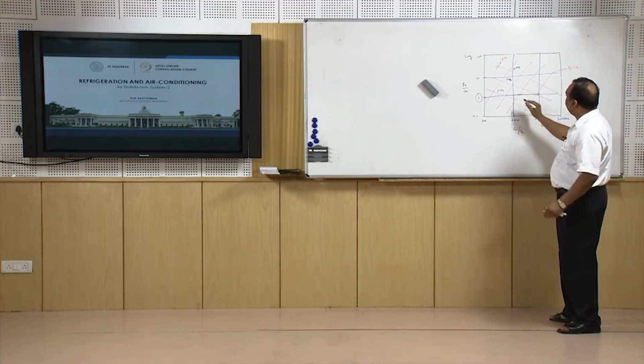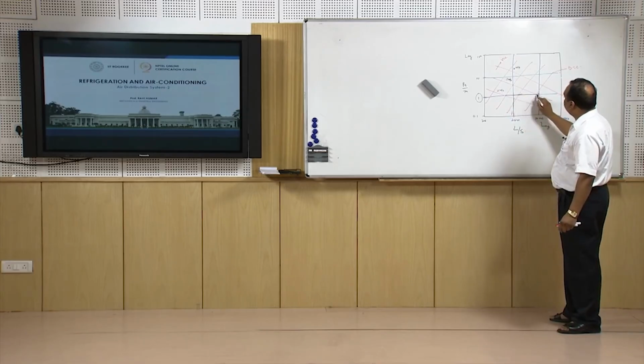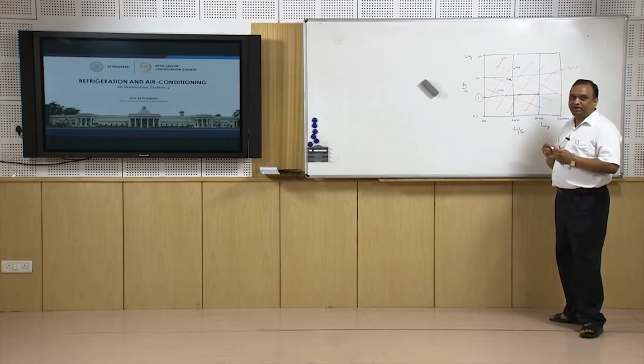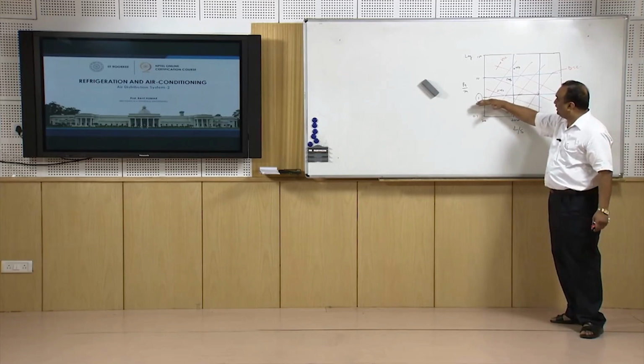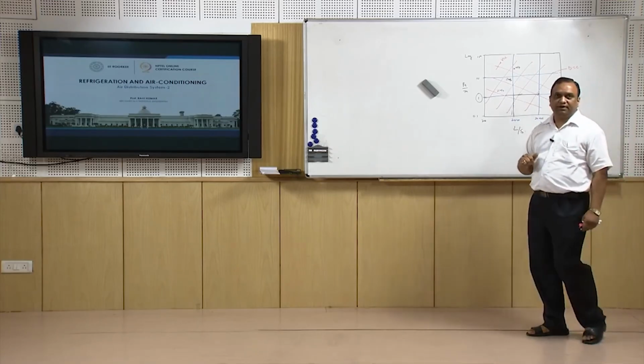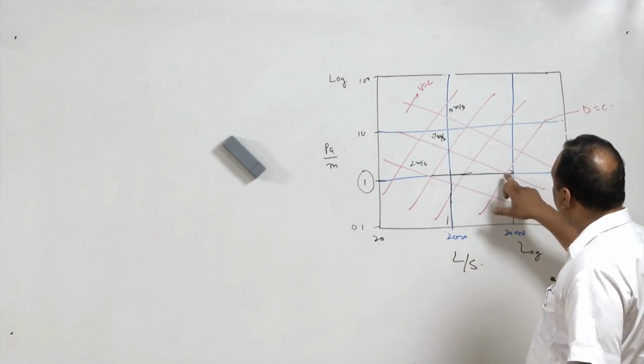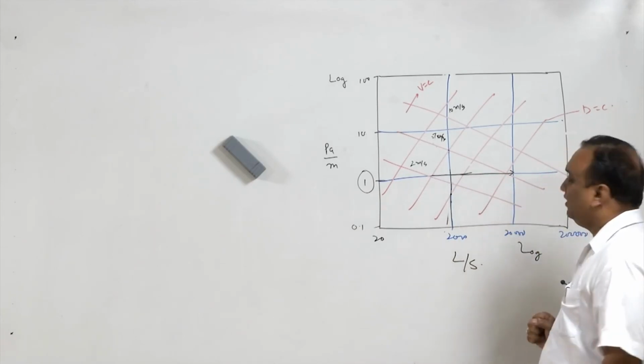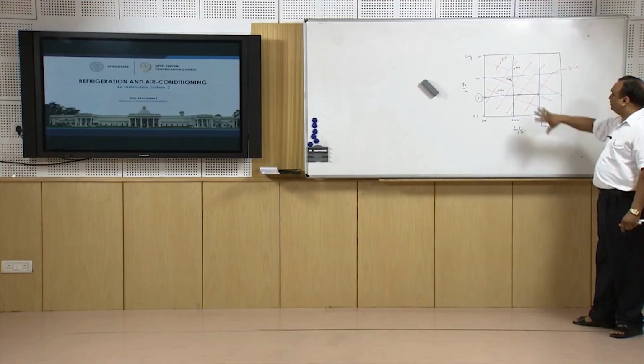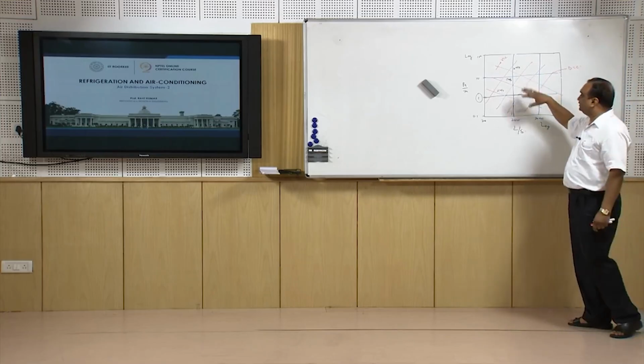And at the same time, it is going to affect the velocity also. So if I want to maintain constant friction pressure drop, then the diameter of the duct and velocity as well will increase. So this is how we can move on this duct friction chart.